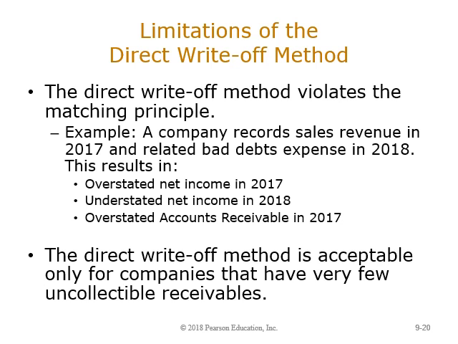Essentially, this results in an overstatement of net income for 2017, an understated net income for 2018, and overstated accounts receivable in 2017 as well. So that's why we can't use the direct write-off method because it results in these over and understatements that we just can't have. So it's only acceptable for companies that have very, very few uncollectible receivables, and when they're super, super confident that they will not be able to collect on that.